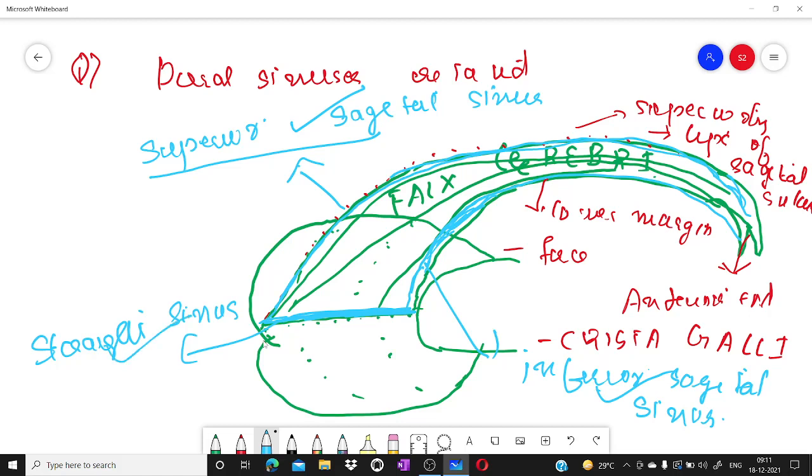Besides this, the falx cerebri has two surfaces, right and left, which are related to the corresponding medial surfaces of the cerebral hemispheres.